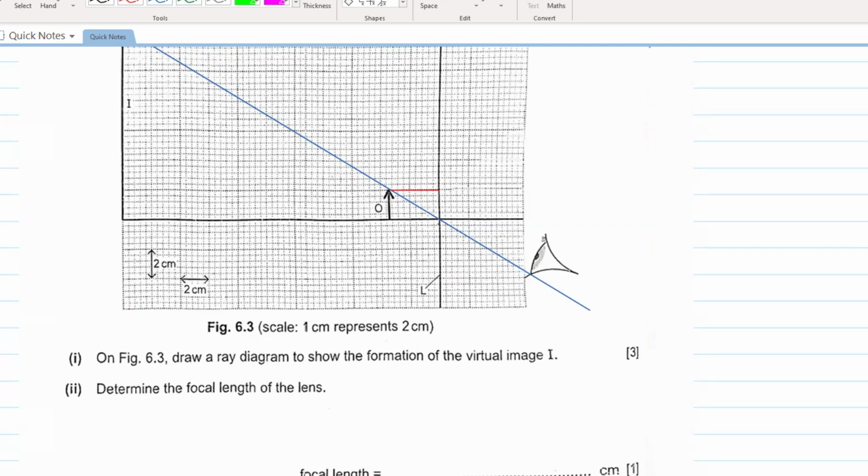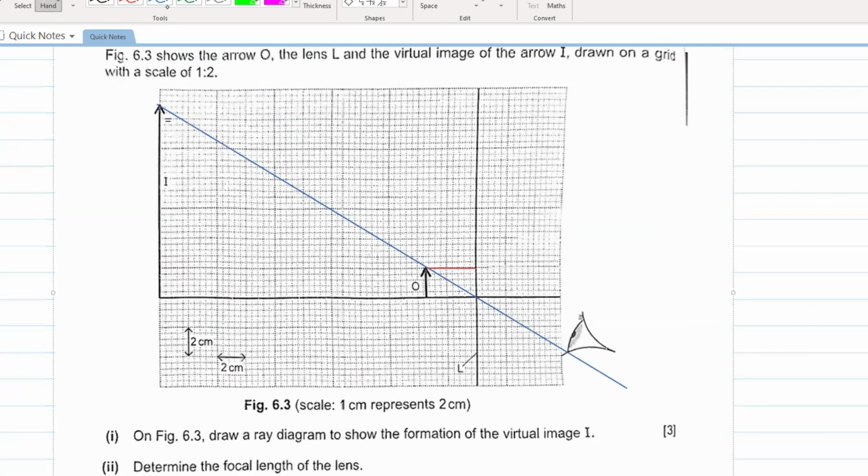But here we don't have the focal point. What will we do? We will say that if we extend this ray backwards, this will be the first point, this will be the second point. We connect both these points to get a second ray, somewhat like this. See, what have I done here? Let me tell you.